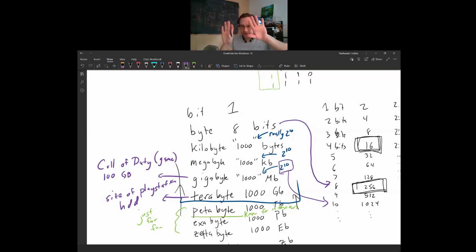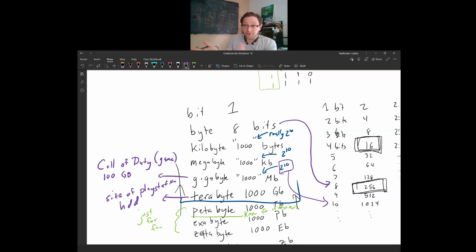So now we have two separate things. One is the size of a game, which is more the software end of it, because it's a game that you can play. The terabyte example we have right now is just the storage space available on a PlayStation.